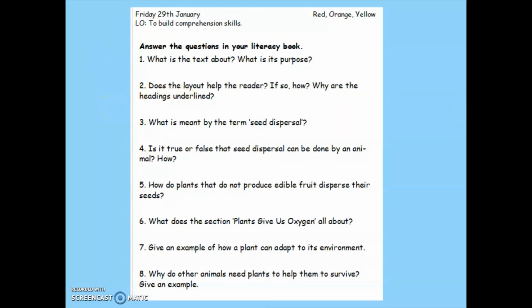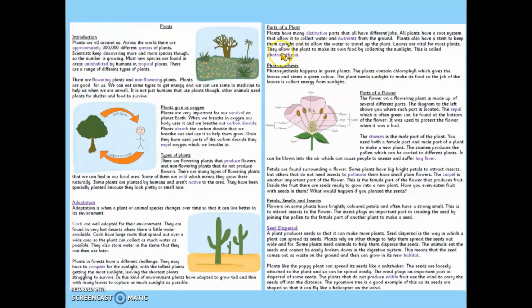You need to use your text to help you. You might need to look back and think about what section it could be in, what paragraph the information could be in. If it's talking about the parts of a flower, then it would be in this section. So read it really carefully and look through where you could find the information.